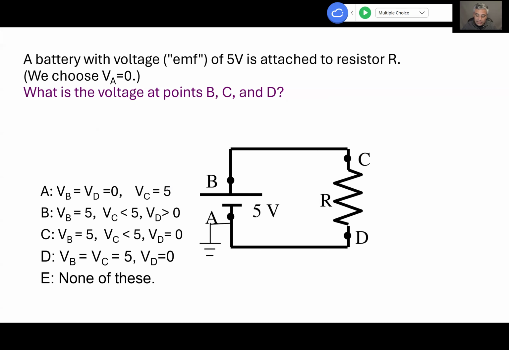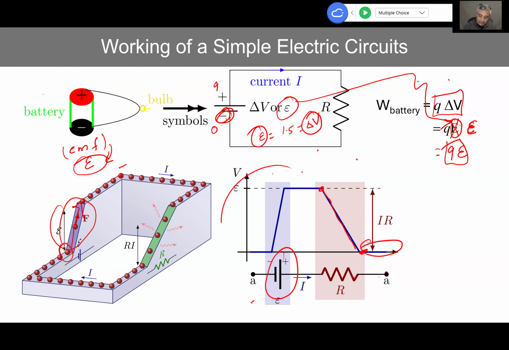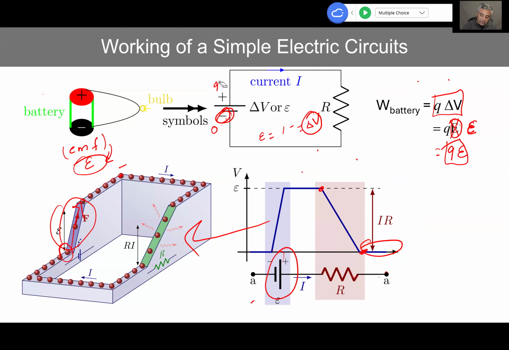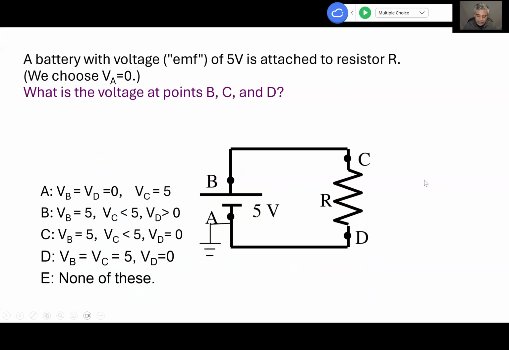Okay, so now here is a question for you. Just like we saw over here, this can be shown like this, and we can think of something like this, right? See how the voltage was changing in different parts of the circuit. So this question is about the same thing. It is connected to ground.